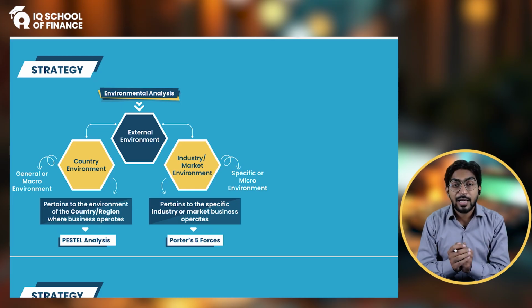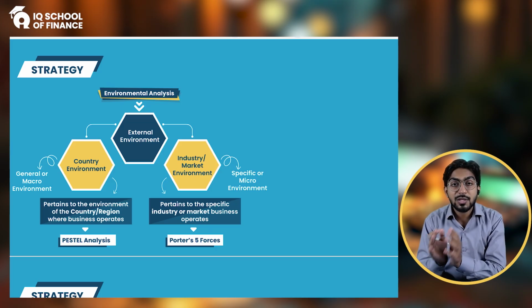And then we also have another layer, that is the micro environment, or I would say the industry or the specific environment. In that environment, we talk about the specific industry or the specific market in which your company is operating. All right. And we also call this environment the specific, the micro, or the industry environment, right?